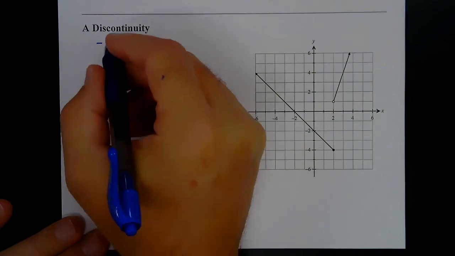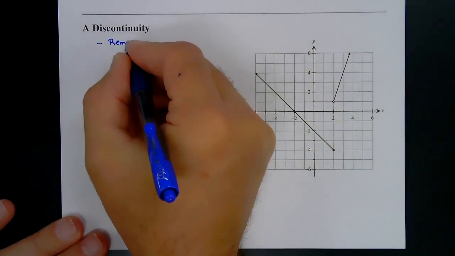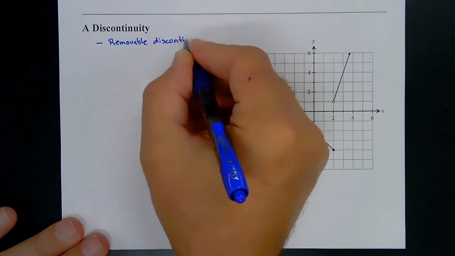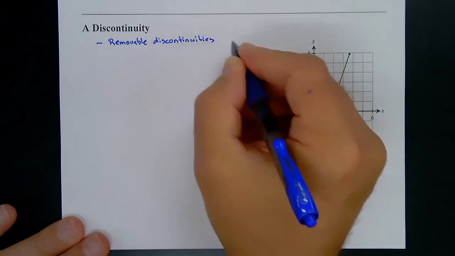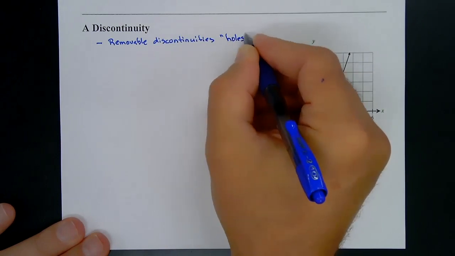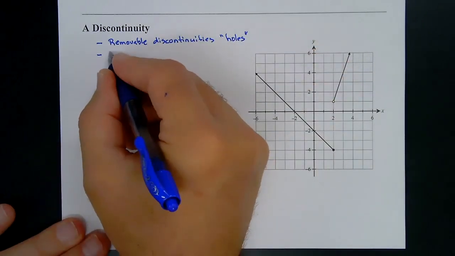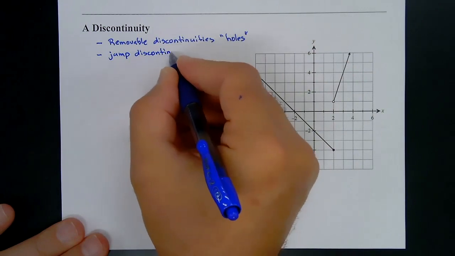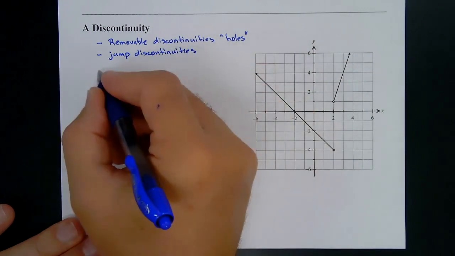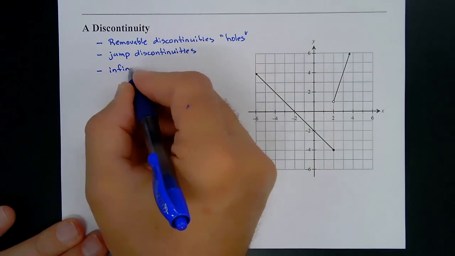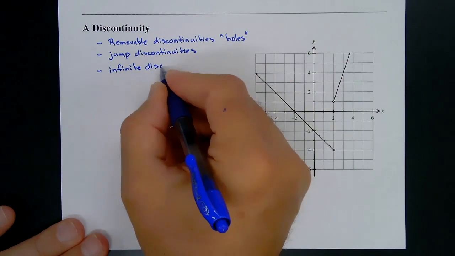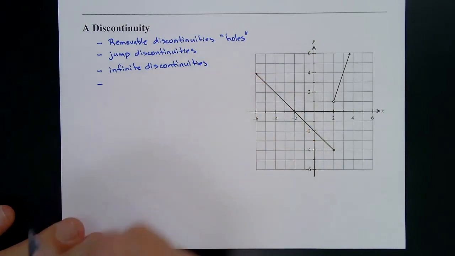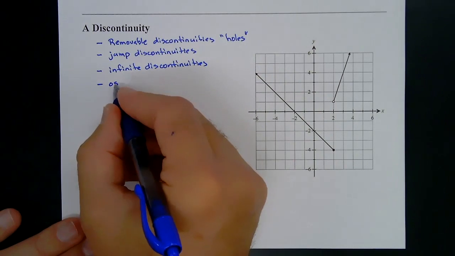So the discontinuities are removable discontinuities, otherwise known as holes in the graph, jump discontinuities, infinite discontinuities, or, and this one's not going to be tested, oscillating discontinuities.